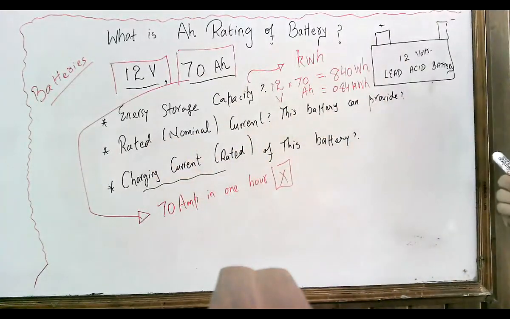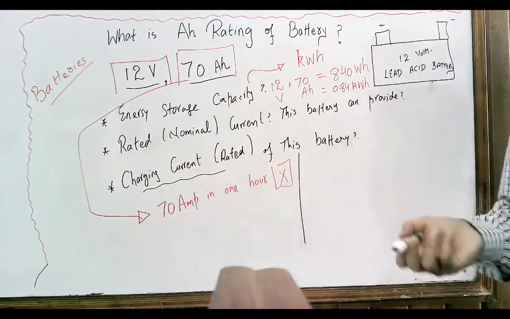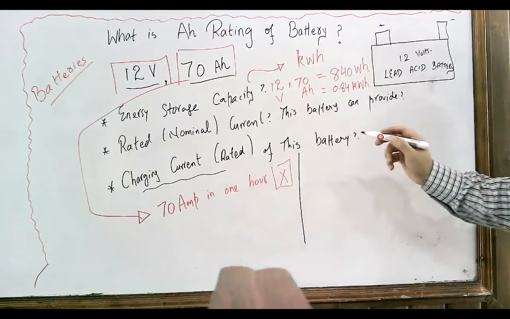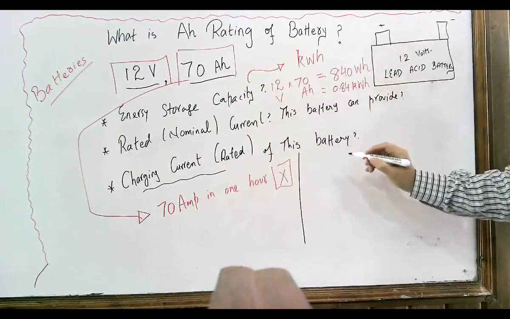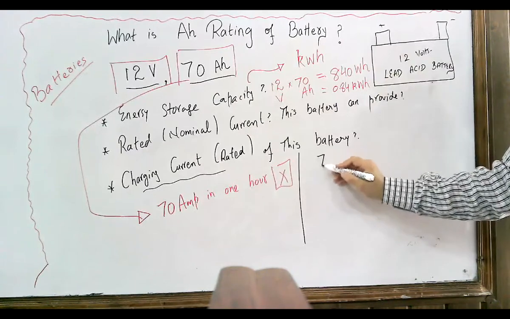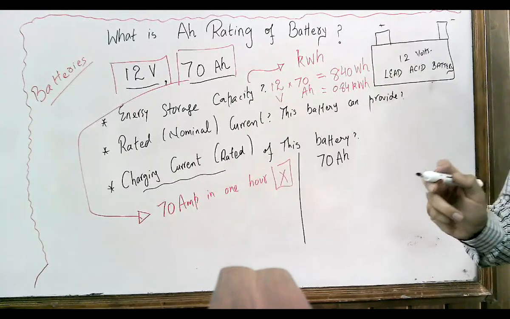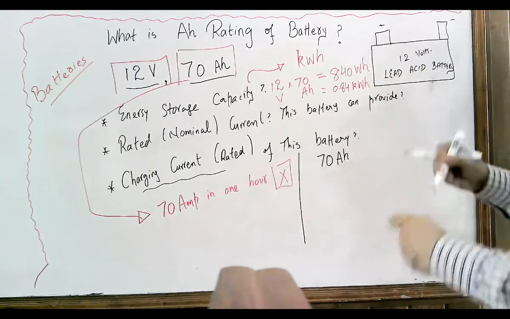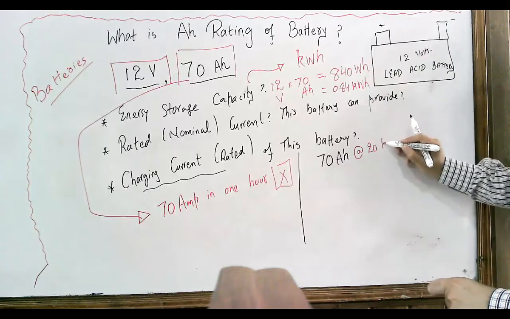So here you have a general rule which every battery manufacturer somehow depicts on the battery. It is clearly mentioned on the batteries. If you observe, most of the good battery manufacturers mention 70 ampere hour at the rate of 20 hours.